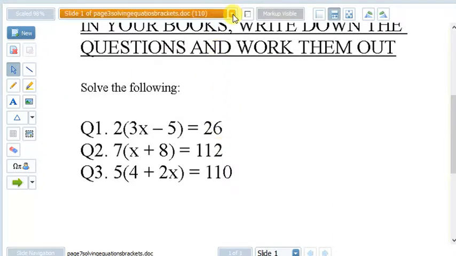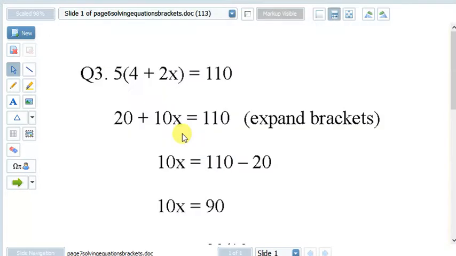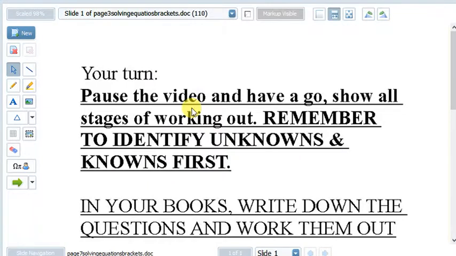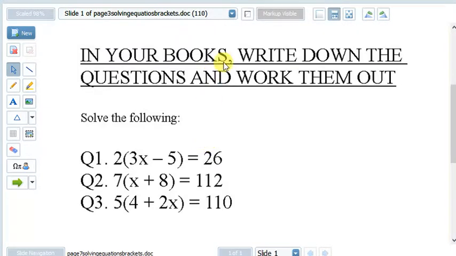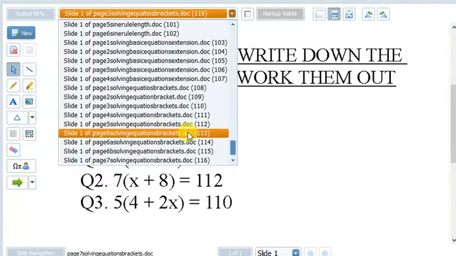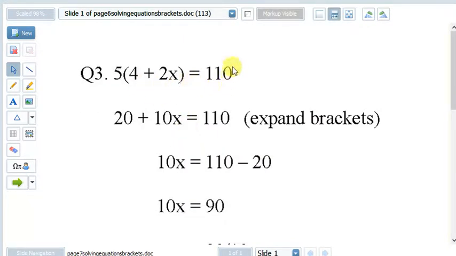Okay, so now we've got 5 bracket 4 plus 2x. Let me just check that that's the right one. 5 bracket 4 plus 2x. Excellent. Okay, so now again, very similar to the last one, but just phrased a little bit differently.